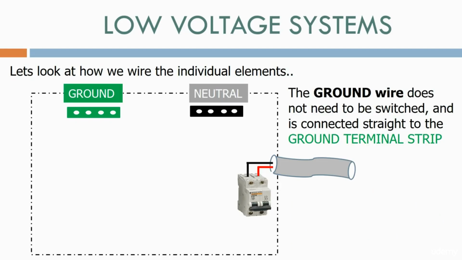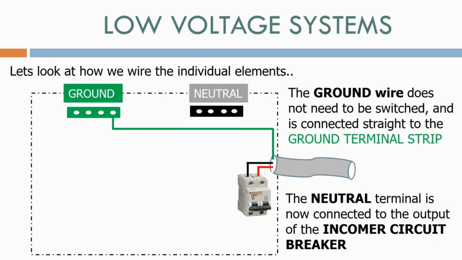The ground wire does not need to be switched and is connected straight to the ground terminal strip. The neutral terminal is now connected to the output of the incomer circuit breaker.